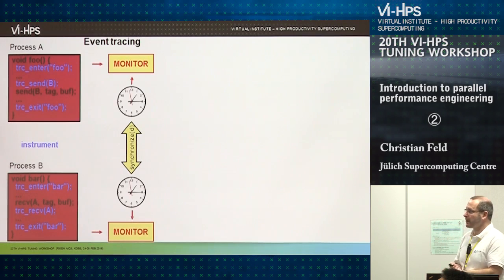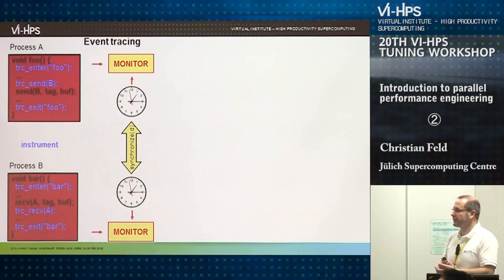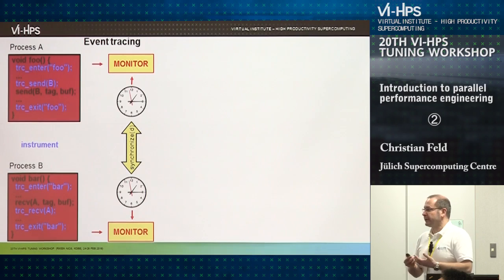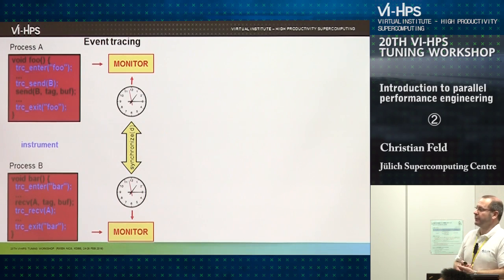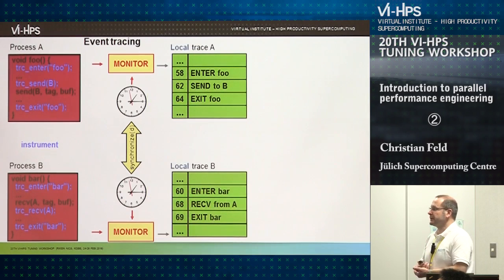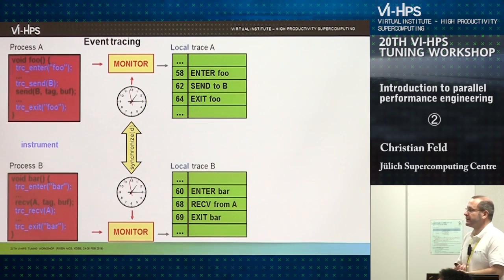So when we monitor this program, we need to have some synchronized clocks. Otherwise, it's difficult to make some analysis, or it's nearly impossible to calculate some waiting times. So here's how a trace looks like. We have local traces for each process.